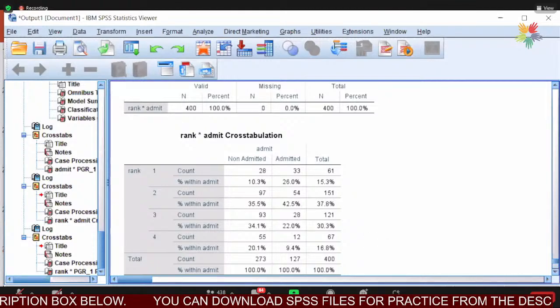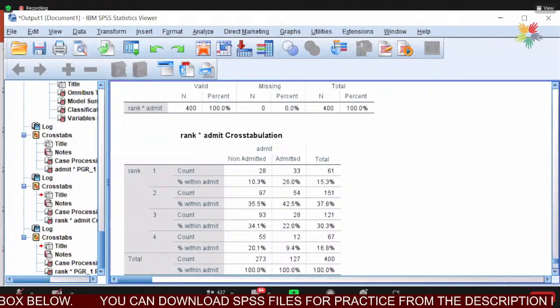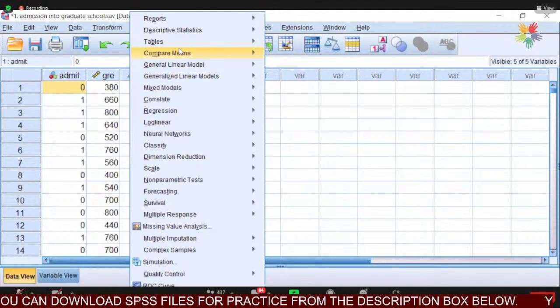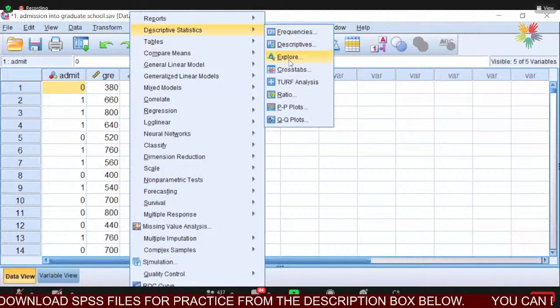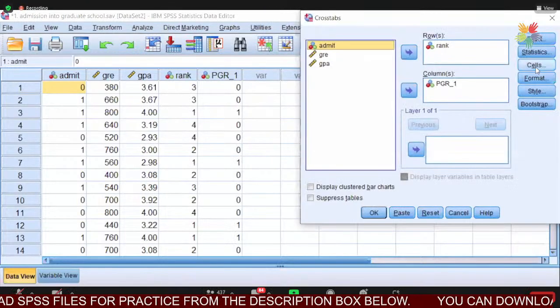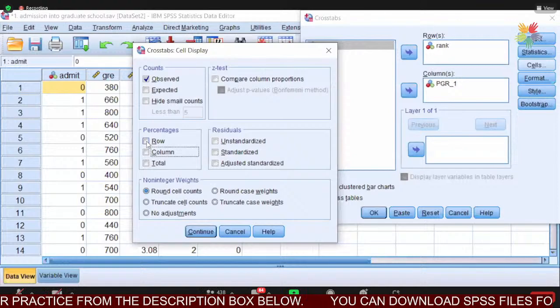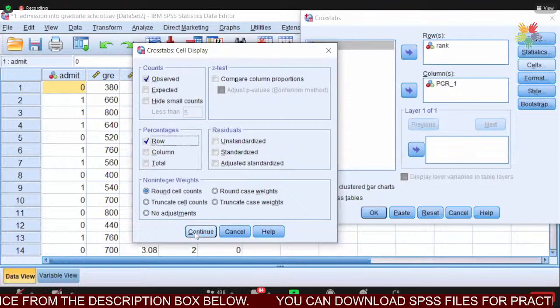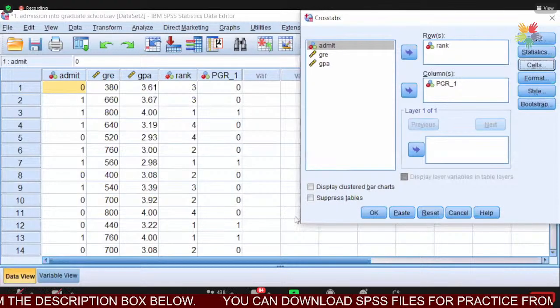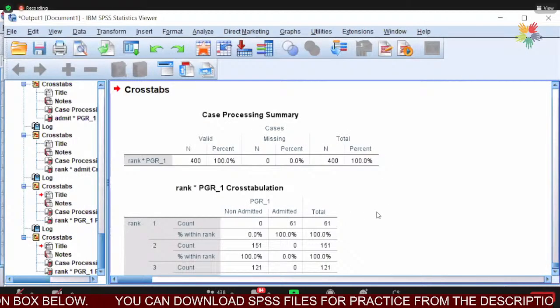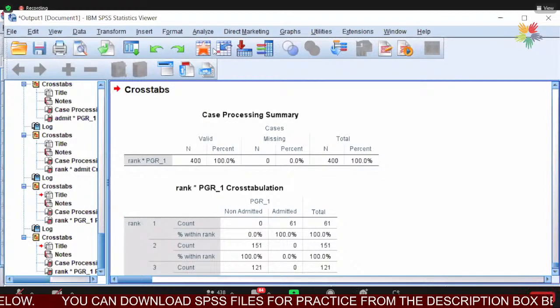Percentage. So say within rank. Okay, sorry.